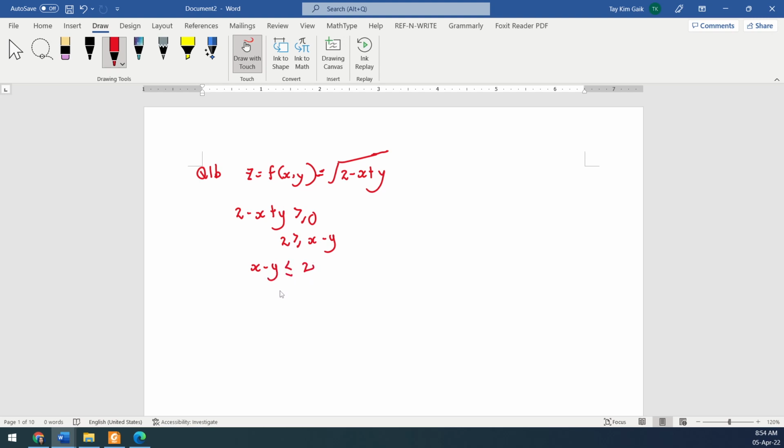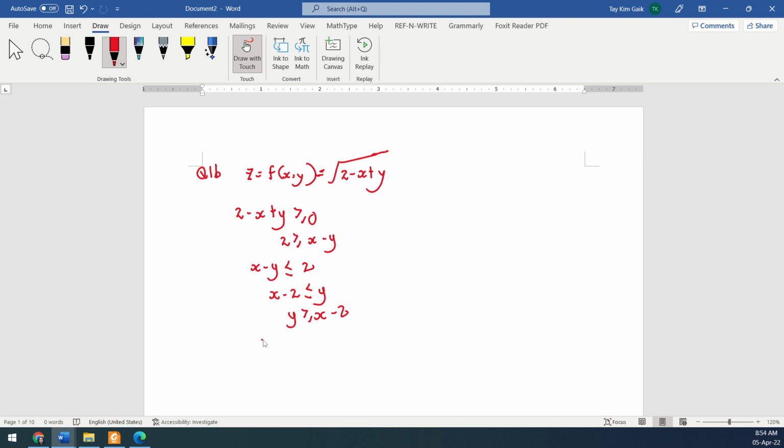Then you may have the domain, and you can put it out there: x minus y less than or equal to 2, or if you want y as the subject, then x minus 2 less than or equal to y, or y greater than or equal to x minus 2.